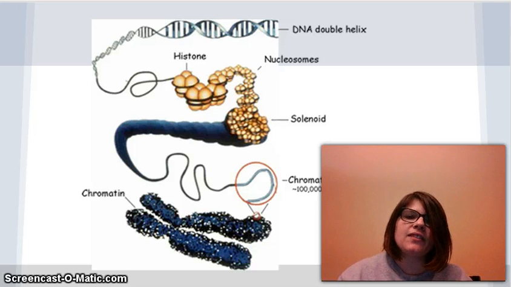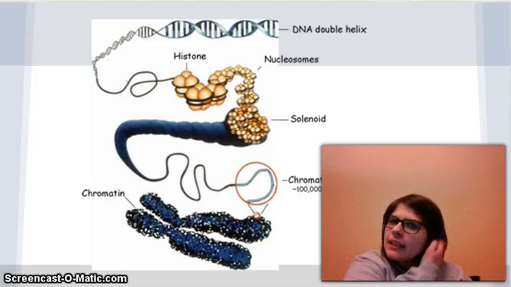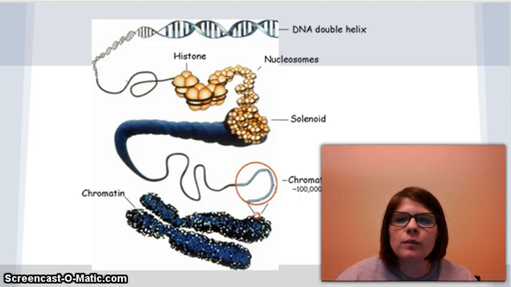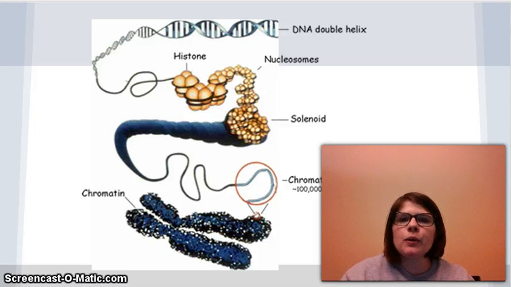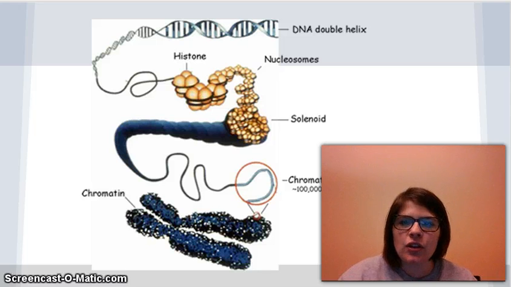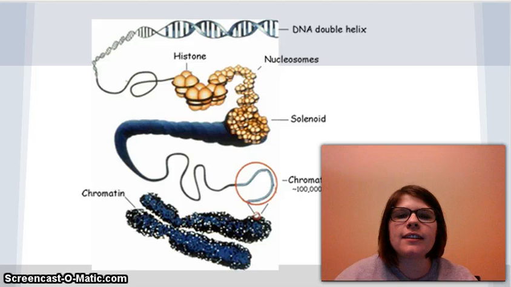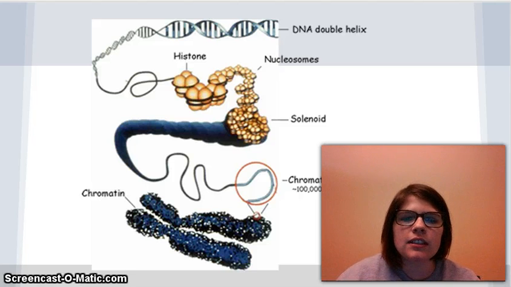I want you to copy this figure as well into your notes. You can see that we start out with a DNA double helix here. We wrap around those proteins like we just saw. And those proteins are actually called a histone. I would make a good note of that in your notes. And then we're going to go into nucleosomes. You do not need to know what that is.